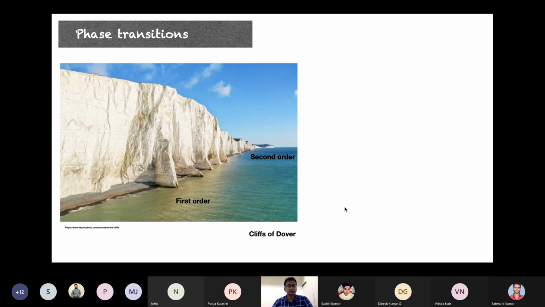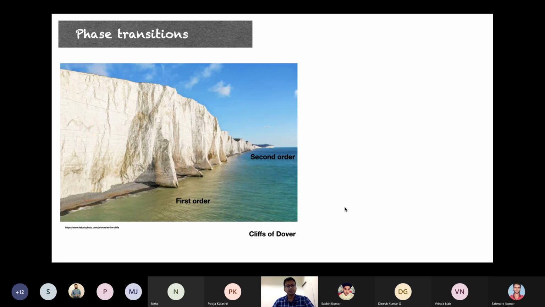So there is a discontinuity, a jump from the land to the water. If you go a little inside, the cliff height decreases, and eventually at a certain point it is almost comparable with the water level. There you don't need to jump. It's more like a continuous thing.